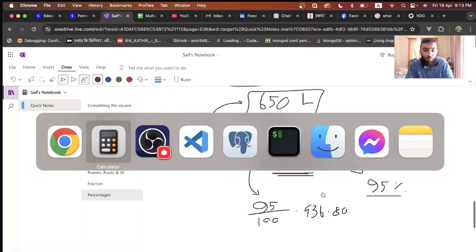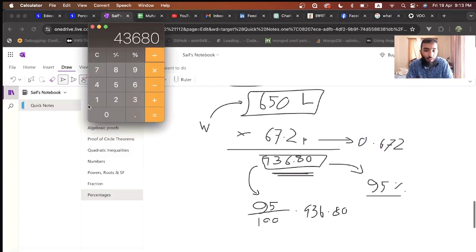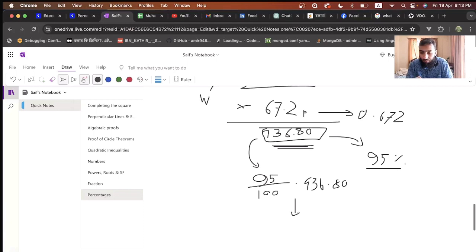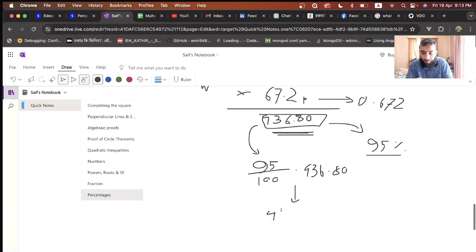So if I use the calculator, 436.8 divided by 100 and into 95, the resultant would be 414.96, almost like 415 pounds. This is the cost that Mr. Watkins has to bear to refill the remaining liters of oil.